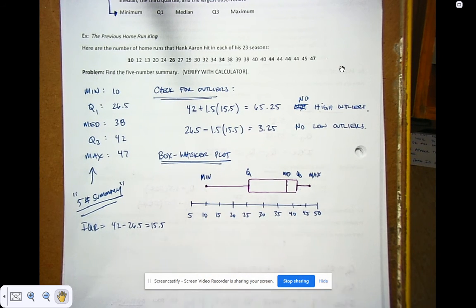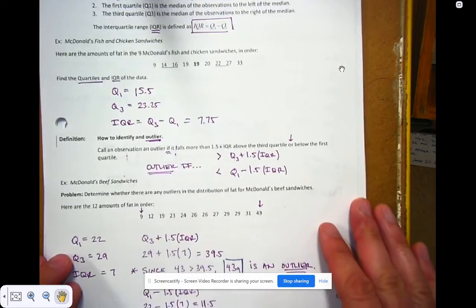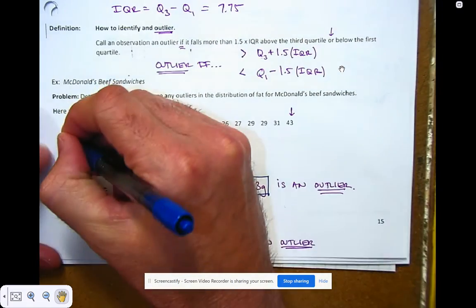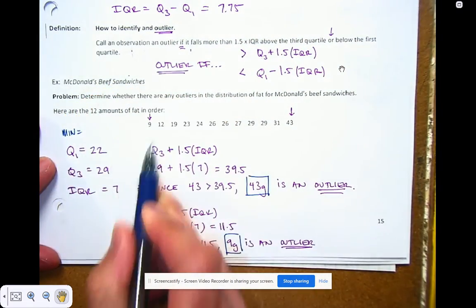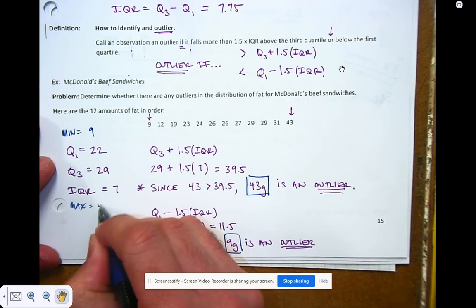This does change if you have outlier values. So I'm going to go back real quickly to this last example since we had 2 outliers. If I did a box and whisker plot here, we could say our min value was 9 and our max value was 43.